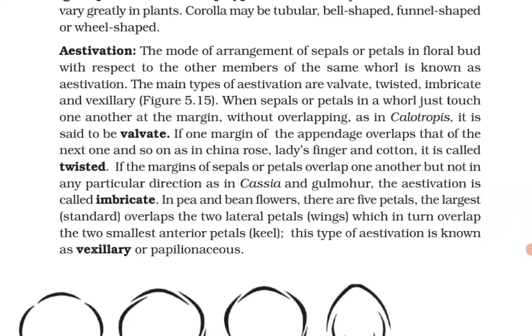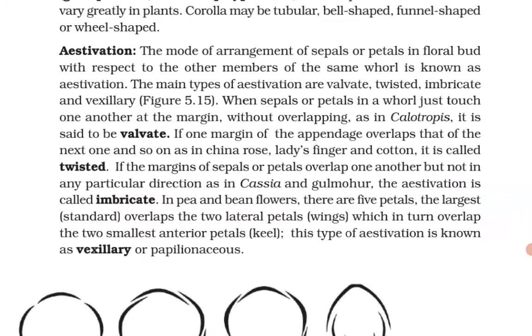If one margin of the appendage overlaps that of the next one and so on, as in China rose, lady's finger and cotton, it is called twisted. If the margins of the sepals or the petals overlap one another but not in any particular direction, as in cassia and gulmohar, the aestivation is called imbricate. In pea and bean flowers, there are 5 petals.